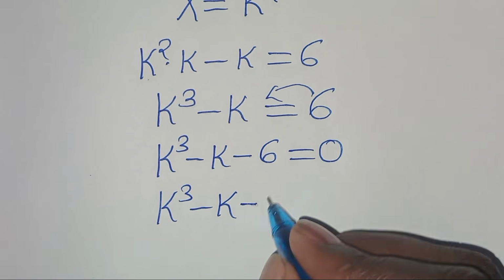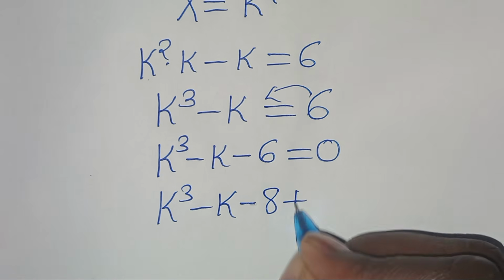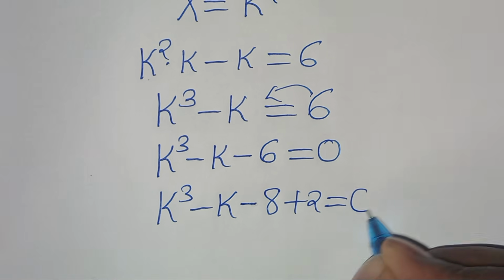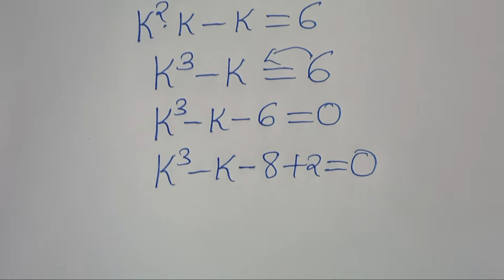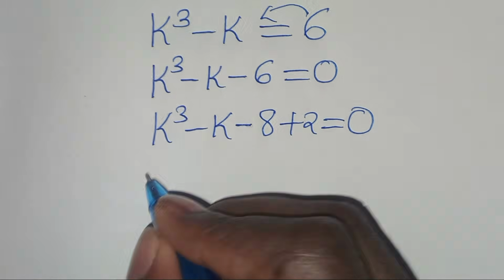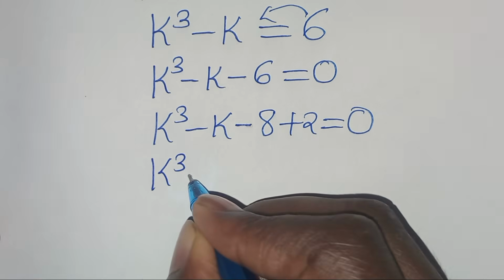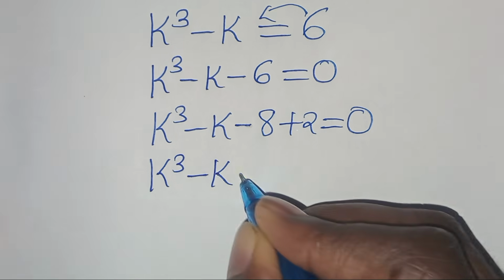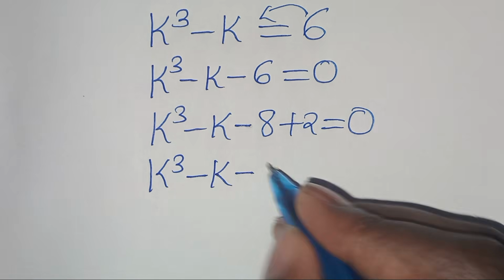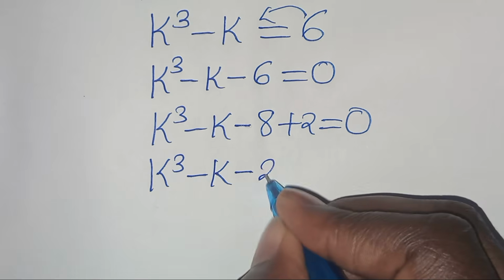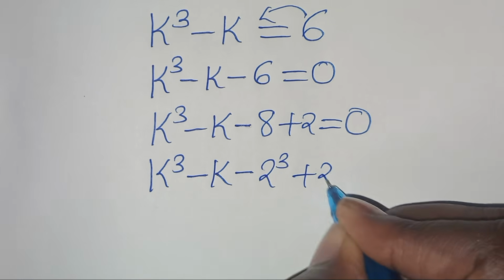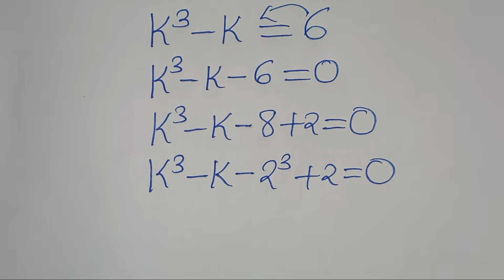Remember, 6 is the same thing as minus 8 plus 2. So this is k to the power of 3, subtract k, then subtract 8, which is actually equal to 2 to the power of 3, then plus 2, this is equal to 0.